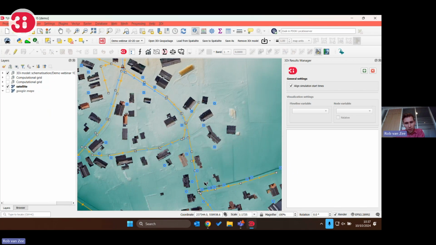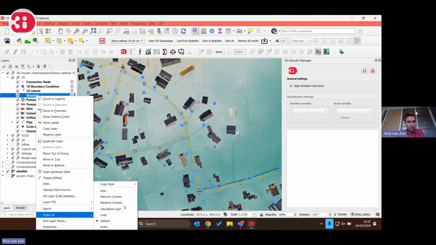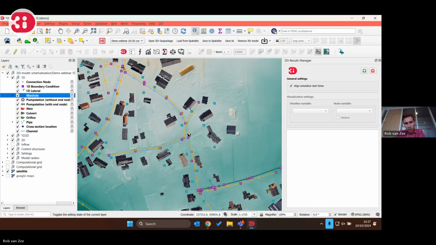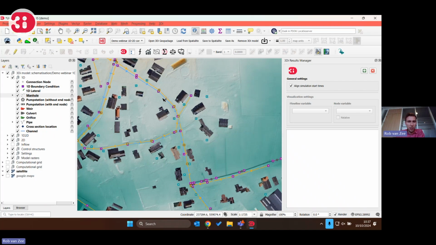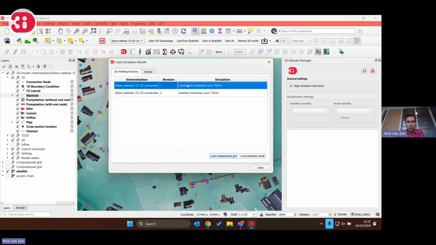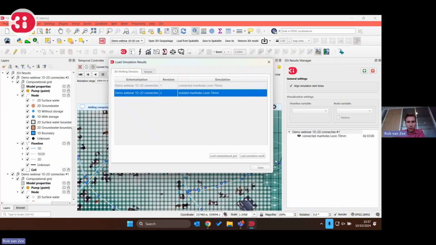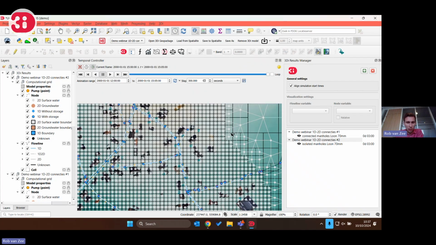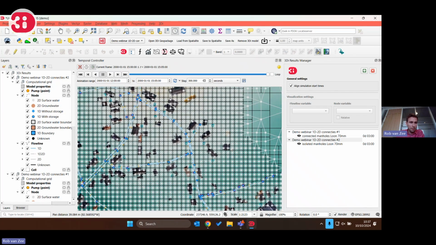In one version of the results, I have disconnected this entire sewage system, so the combined sewage system, from the 2D grid. So these are all isolated, and in another version, all these lines are connected. So I'll load in the connected results, and I'll load in the isolated results, and then we're just going to look at some results. This is a bit smaller.